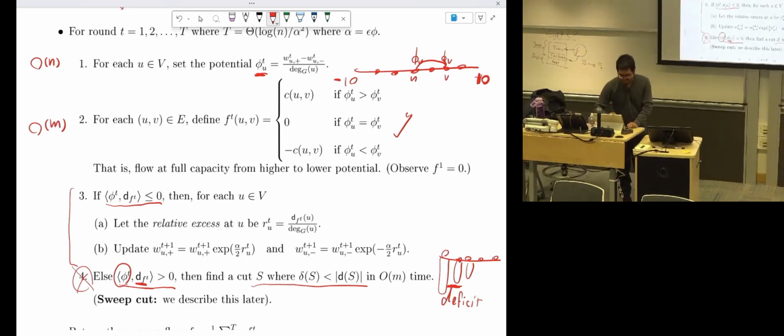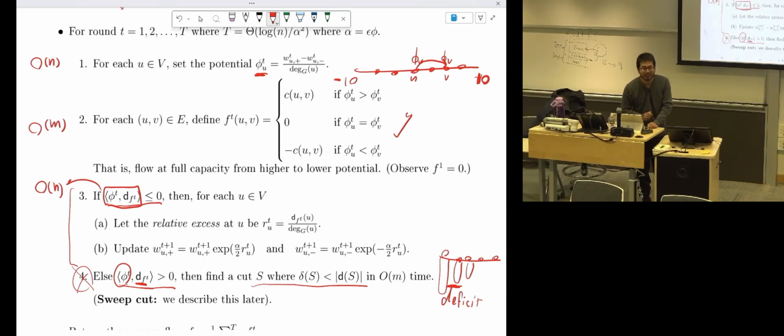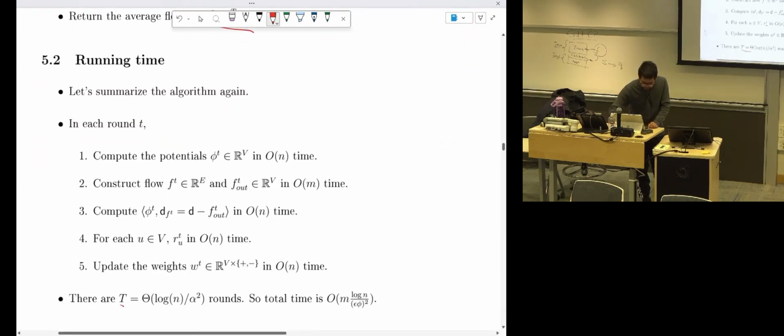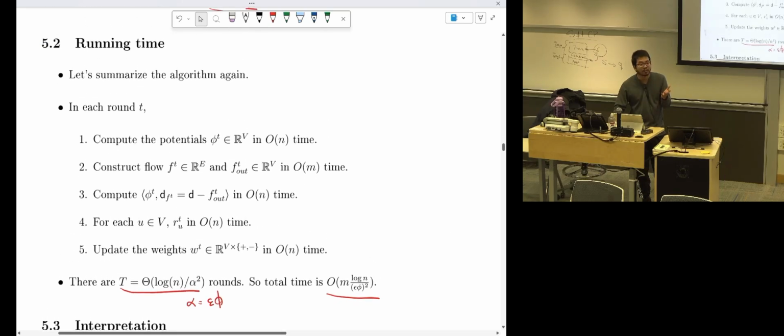And this one you can compute in O(n), just an inner product. This one is O(n) as well. That's it. It's clearly linear time per round. So the total time is the number of rounds, where alpha is epsilon phi. So this is the total time. That's clear. We just need to see why it's correct.